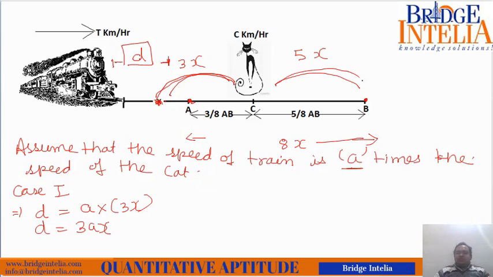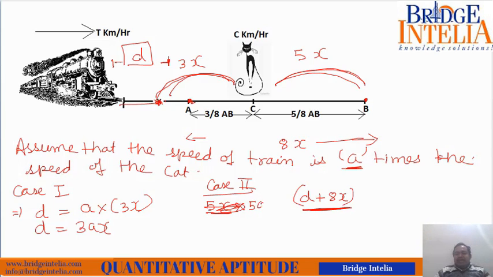Now consider case 2. Case 2 means the cat is trying to exit through the other entrance. In the time the cat has traveled 5x, the train has traveled D plus 8x, and this D plus 8x should be a times 5x.